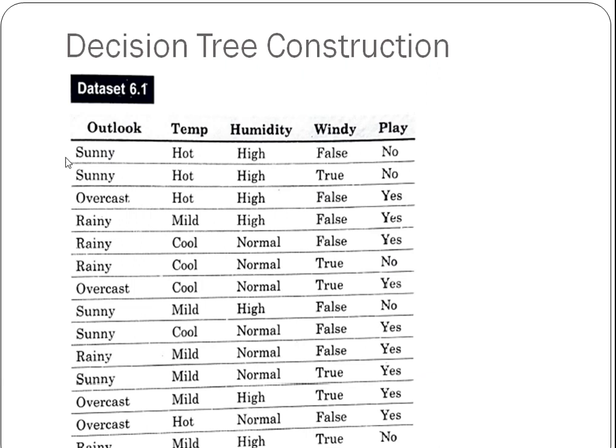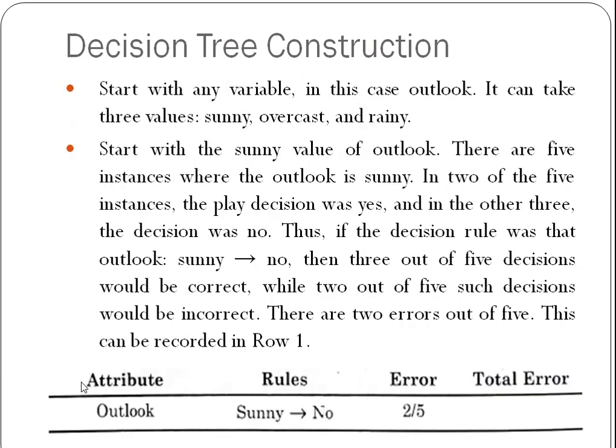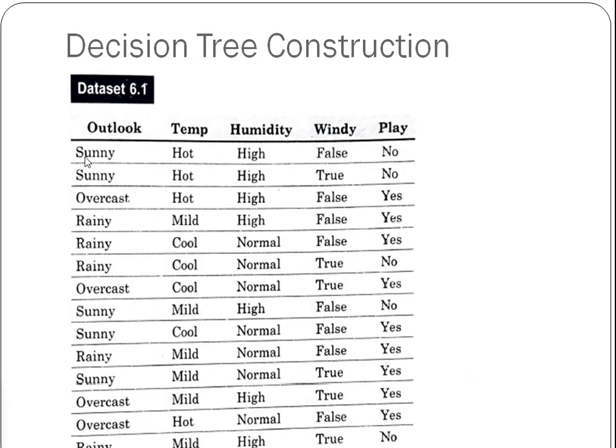So total how many do we have? 1 2 3 4 and 5. So for outlook as sunny, we have 5 records.